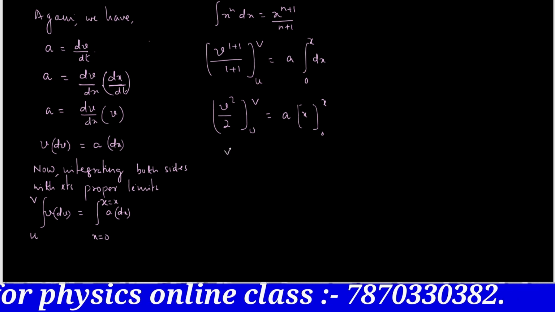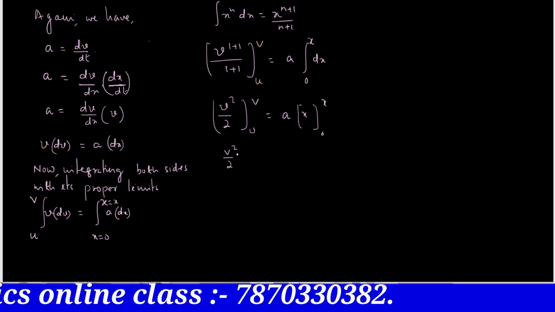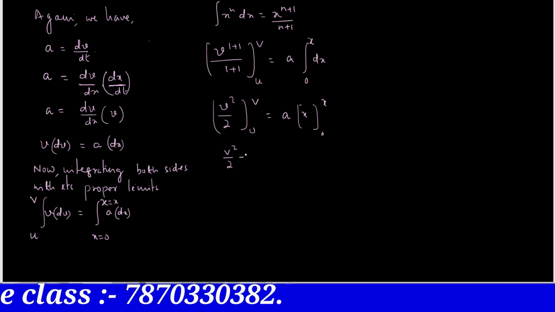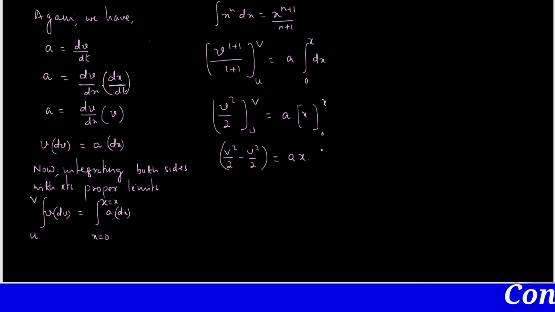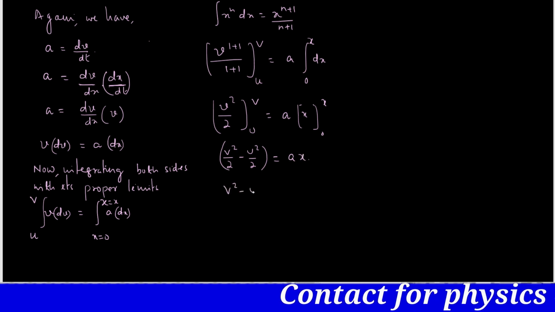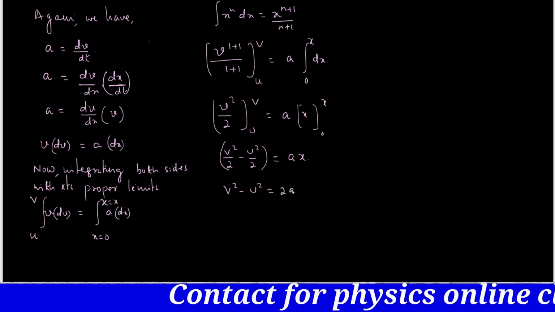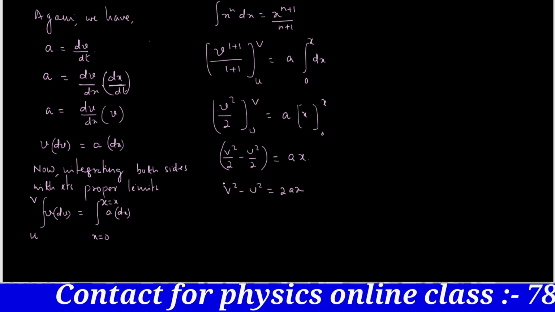This is v squared by 2 minus u squared by 2, equal to a into x. So v squared minus u squared equals 2ax.